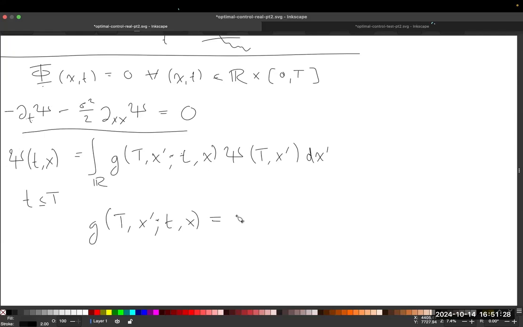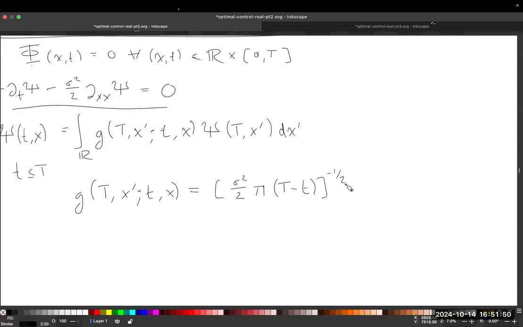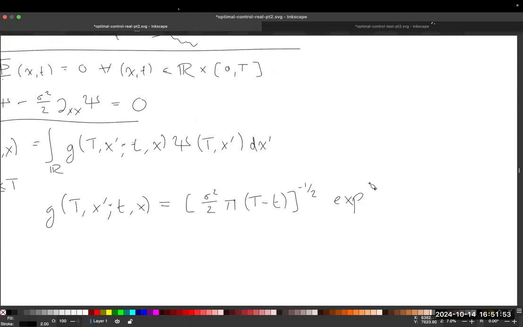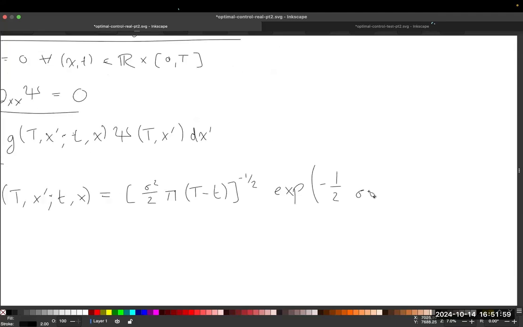And it is going to be sigma squared over 2 times pi (T minus t) to the -1/2, times the exponential of -1/2 sigma squared (T minus t) times (x prime minus x) squared.